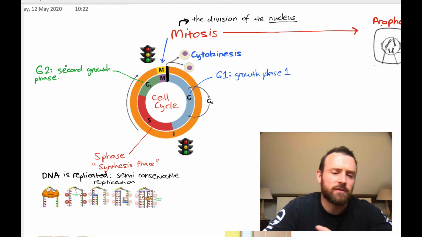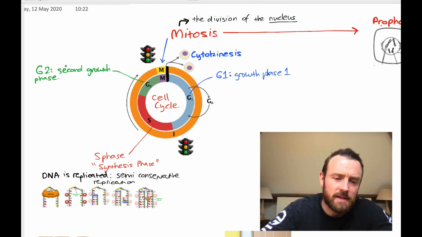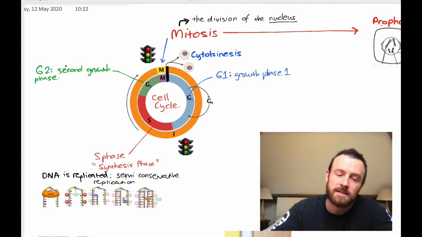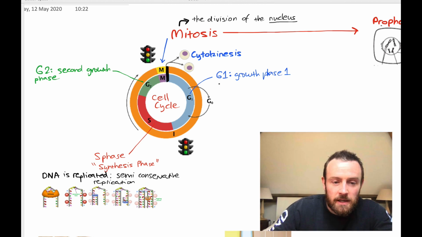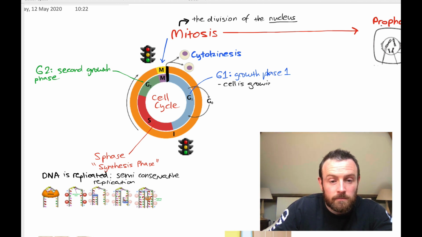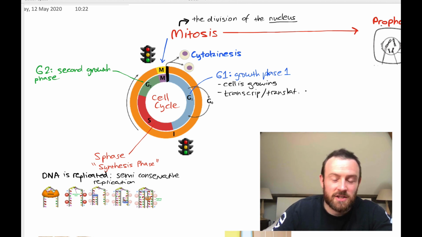Okay, so why have two different growth phases, and why is it arranged like this, and what are the differences between those phases? Okay, so first of all, let's look at G1. In G1, the cell's growing. So it's growing, making proteins, so transcription and translation are happening.